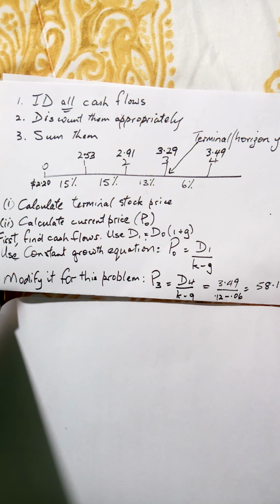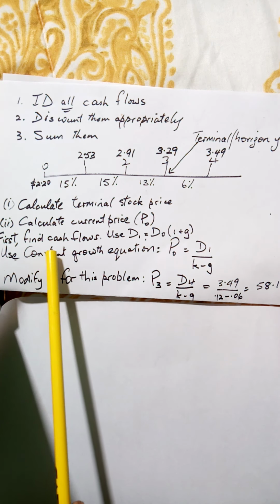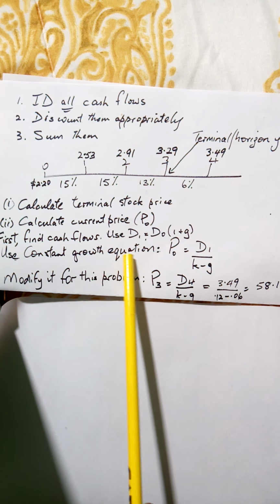So we can't count the cash flows 1, 2, 3, 4, 5, 6 on our fingers because we don't know where it stops. Unlike bonds, which have a definite beginning and end, we can count those. But with stock, we can't count them. So we need to figure out a different way. And that way is this magical equation called the constant growth equation.